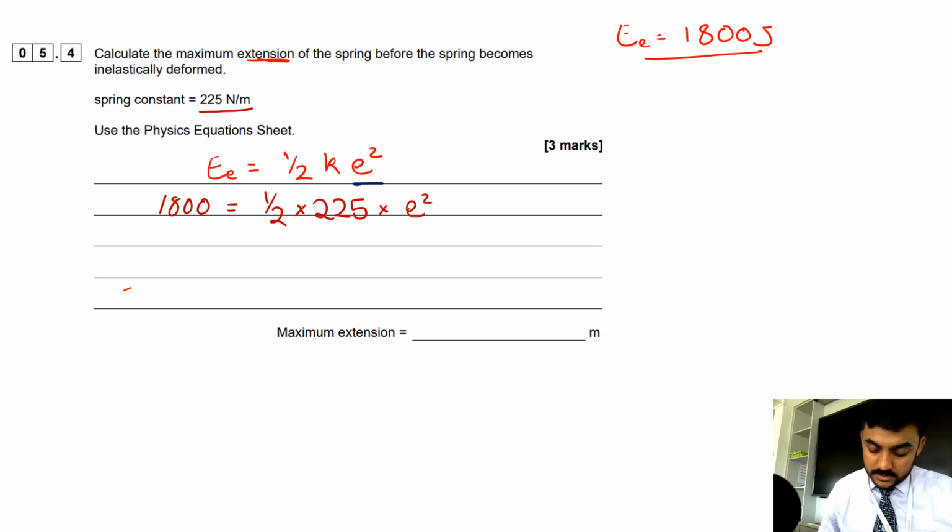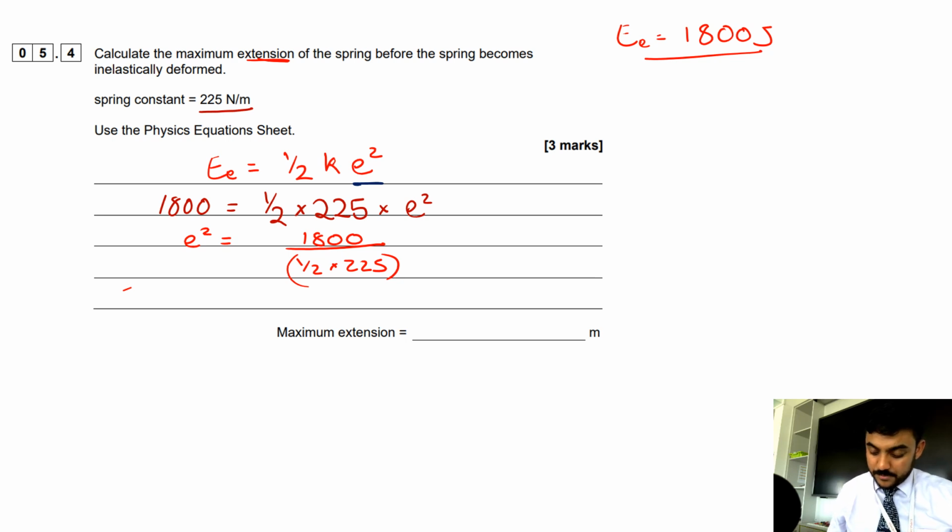Very easily, it's been times by 225, so I have to divide by 225. It's been times by a half, so I have to divide by a half. And e is being squared, so I have to square root it. But I'll do it step by step. e squared is equal to 1,800 divided by a half times 225. I'll put that in brackets.